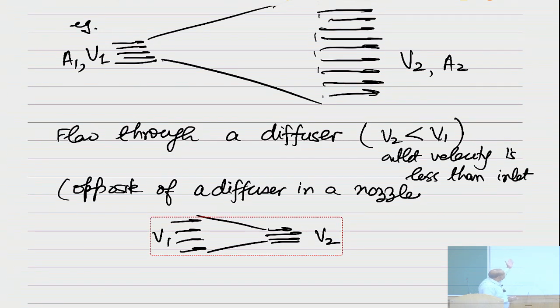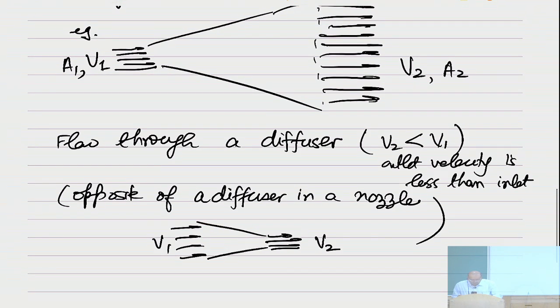So in this case, the velocity is increasing, so that's the opposite of a diffuser. Now what I have written actually goes only for incompressible flows. We don't show it, but if the flow becomes supersonic, that means it goes above the speed of sound, then this actually reverses.